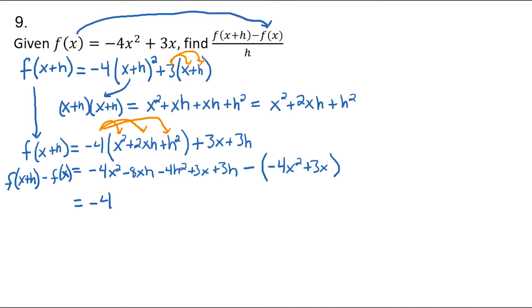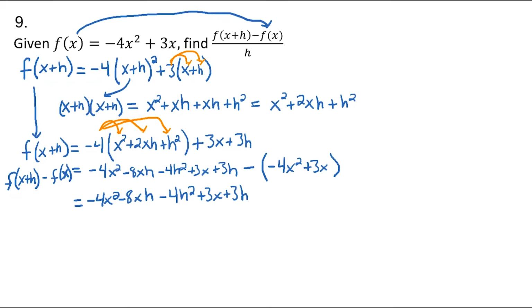Okay, so let's see, negative 4x squared minus 8xh minus 4h squared plus 3x plus 3h.